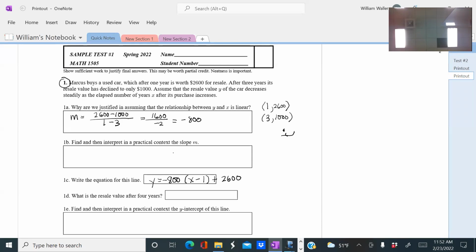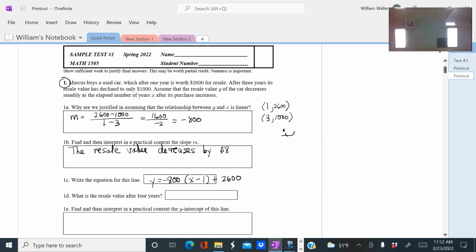Yeah, that's kind of a geometric explanation of it, Amanda. But what's the practical meaning in the context of the problem? The context of the problem is about resale value, right? Yeah, the resale value, or the price, that's fine. Resale value decreases because the slope is negative, by 800.